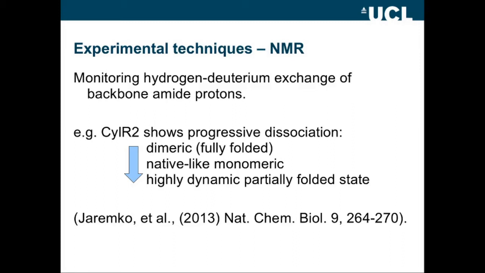So this protein CYLR2 was studied by Jaremko et al. and shows a progressive dissociation. So what was being simulated here, in fact, was unfolding. So we start with a dimeric, fully folded protein. That then dissociates into native-like monomers and then into a highly dynamic, partially folded state.